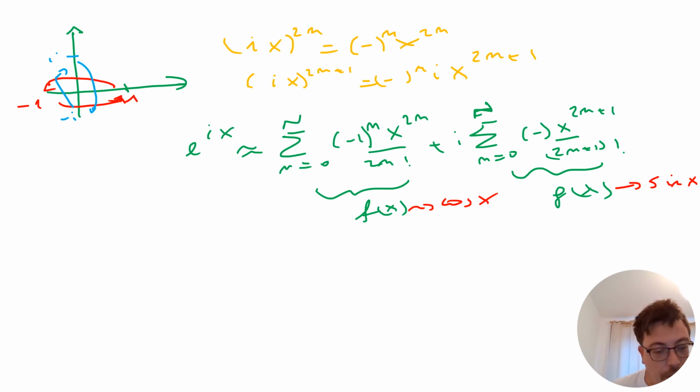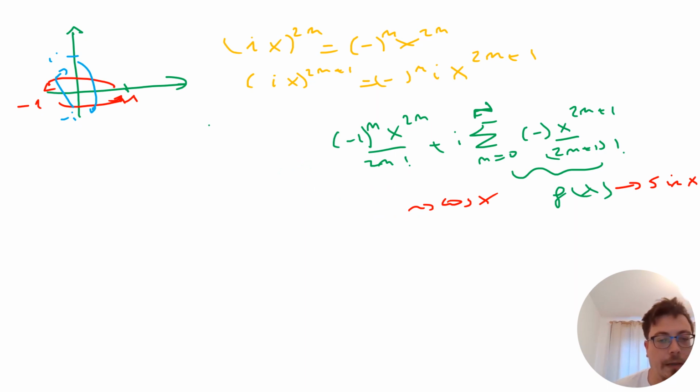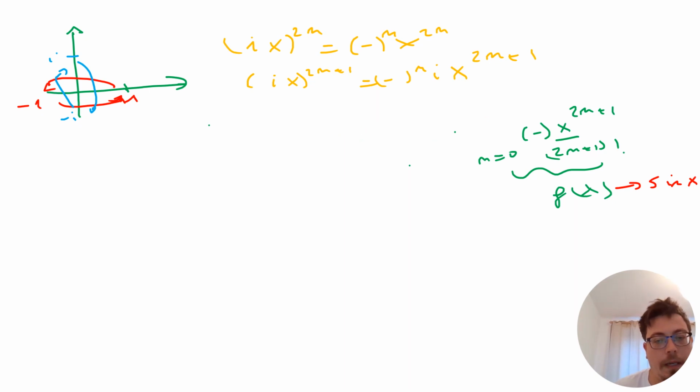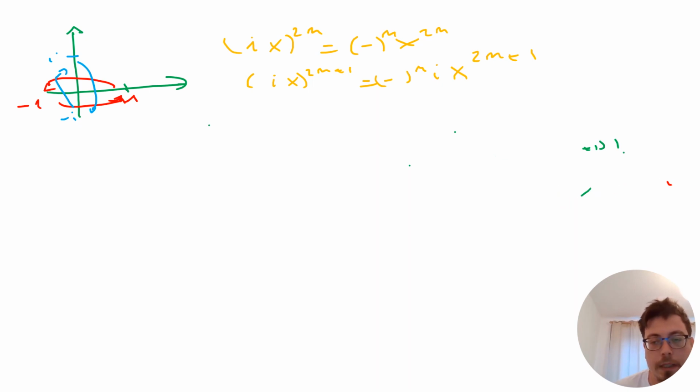But I'm not going to do the limit to infinity. I'm just going to prove some facts about these two functions, and try to convince you that they are rightly called sine and cosine.